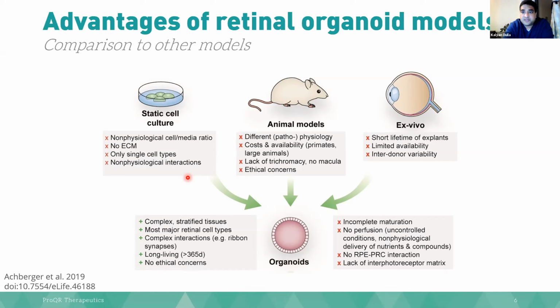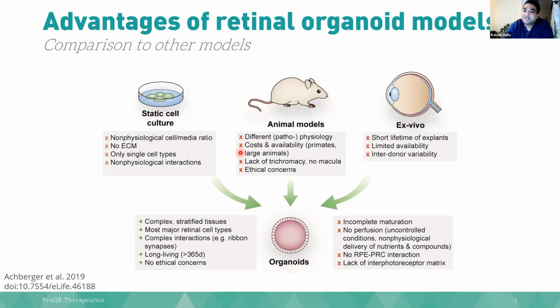Whereas organoids contain most of the retinal cell types, which are nicely organized into a complex stratified structure and show complex interactions. Coming to animal models, especially mouse models, some of the IRDs are not captured in mice due to differences in the pathophysiology. We just saw in the poll that people do agree with that view.